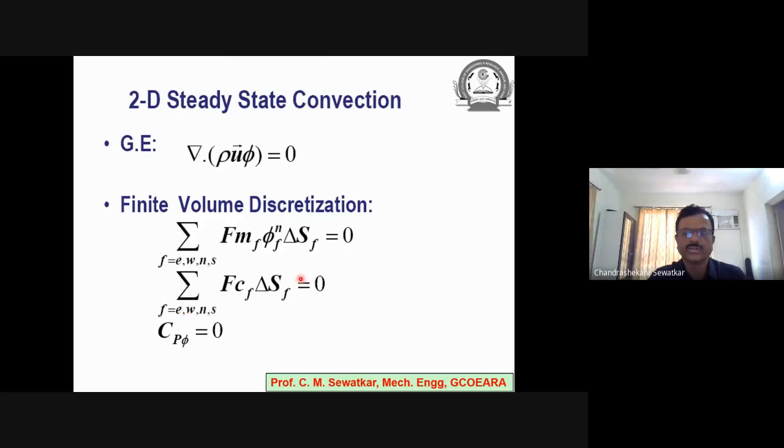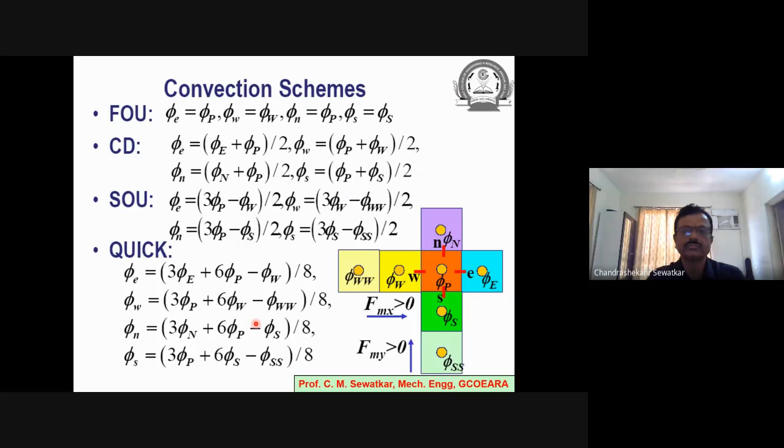This total quantity is nothing but the total convection which is occurring across all the four faces, that is east, west, north, south. In that situation, I am providing you here with the simple equations for all the convection schemes, which you can use for doing some manual calculations of the variable. And when you use your actual code, you can verify whether the results obtained manually and through the coding are the same or not.